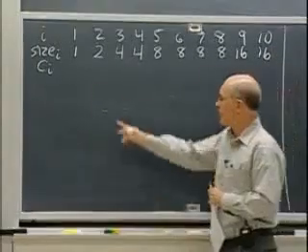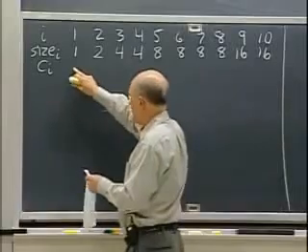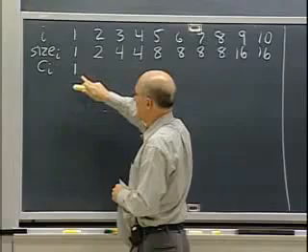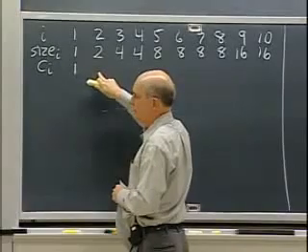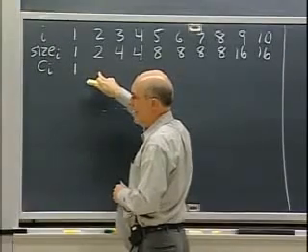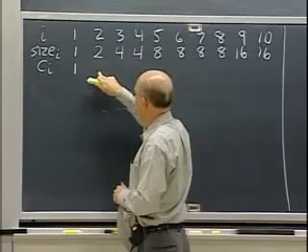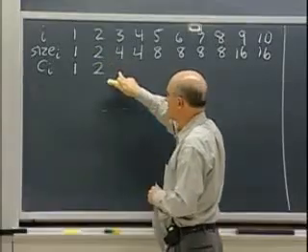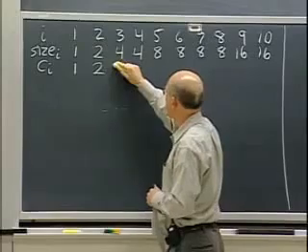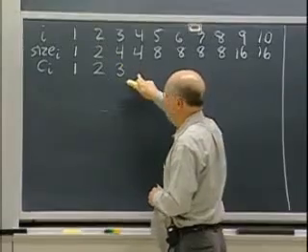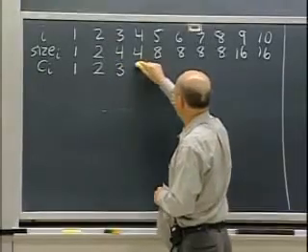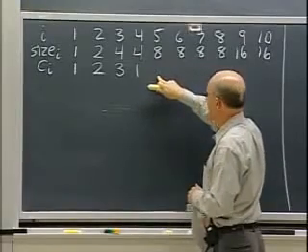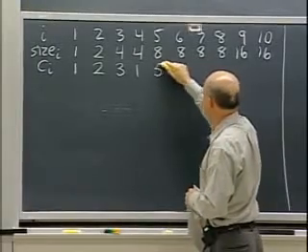And let's take a look at what the cost was. The cost here was 1 to insert 1. Here I had to copy 1 and then insert 1, so the cost was 2. Here I had to copy 2 and insert 1, so the cost was 3. Here I had to just insert 1, so the cost was 1. Here I had to copy 4 and insert 1, so the cost was 5.